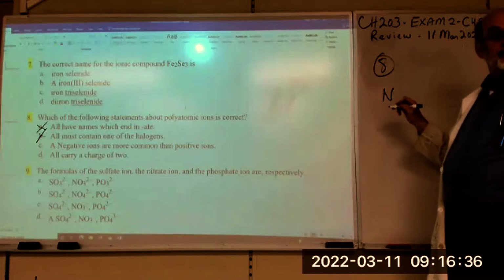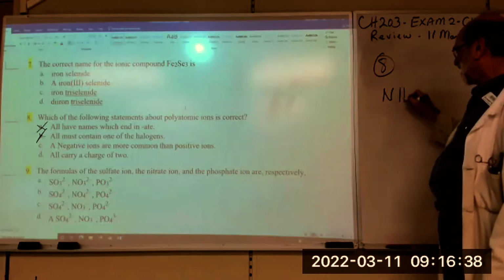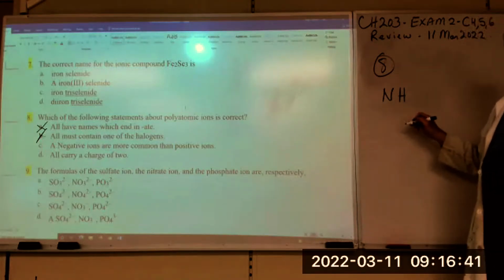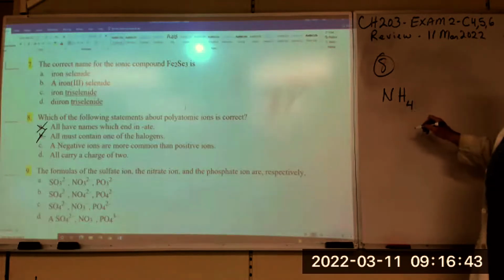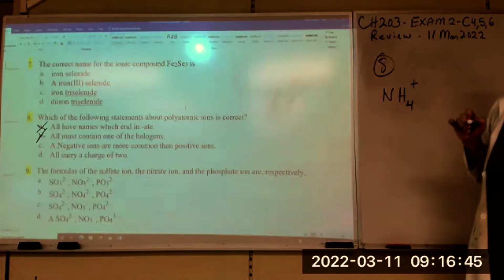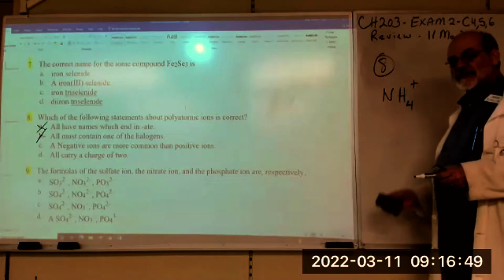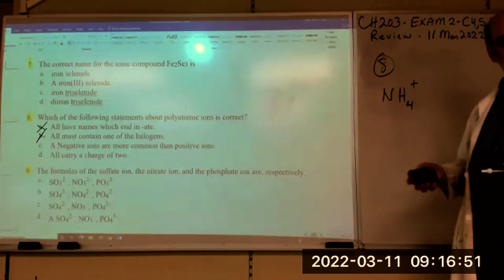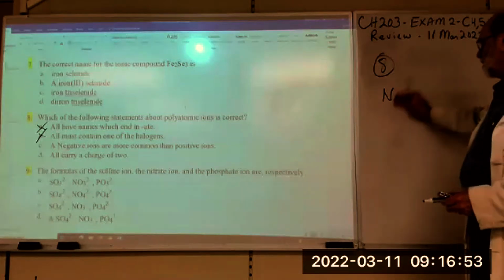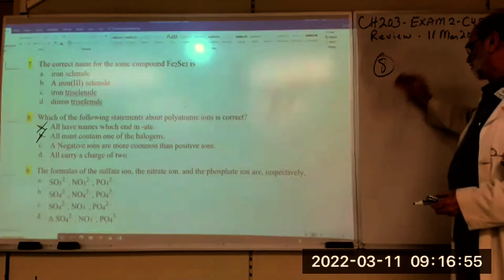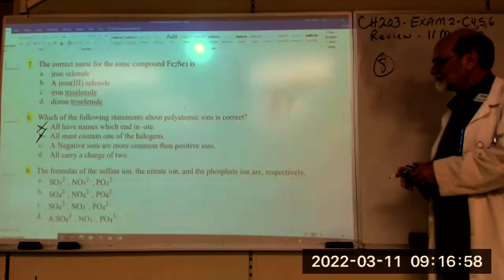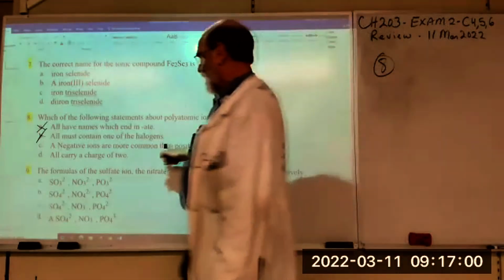It's got hydrogen in it too. How many hydrogens? 4. Ammonium. Okay. That's the only positive one that was in our list. There are some other positive ones, but they're kind of obscure. Okay, so this one is right.